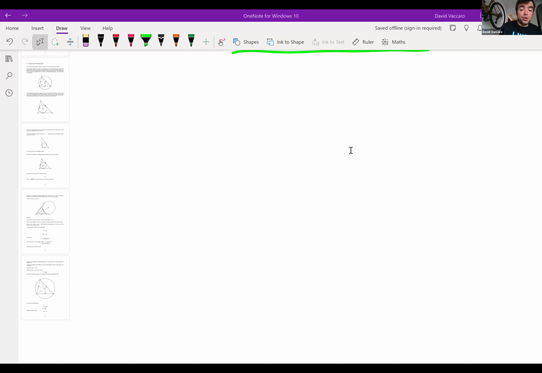And the idea of the angle bisector construction relies on something that we've already seen, which is that if we've got a triangle which is isosceles, then the angle bisector of an isosceles triangle will chop it into two congruent halves.